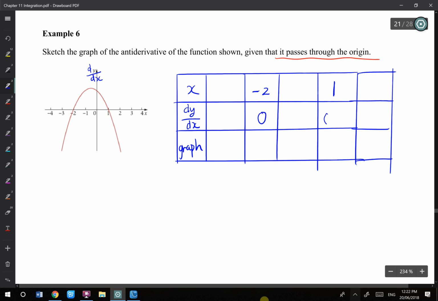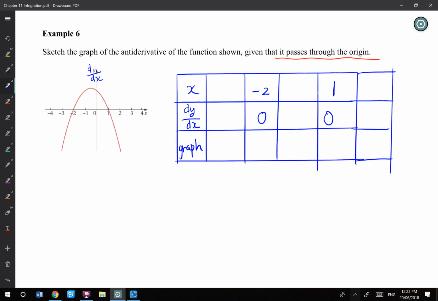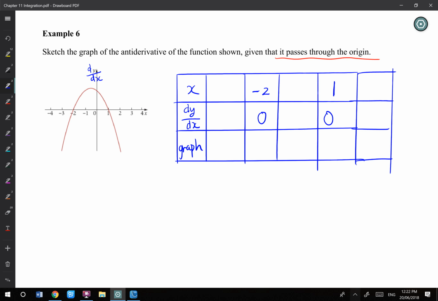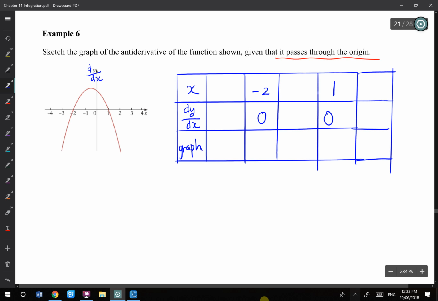So dy/dx gives you 0 and 0 here. On the left hand side of -2, it is below the x-axis, so it's negative.